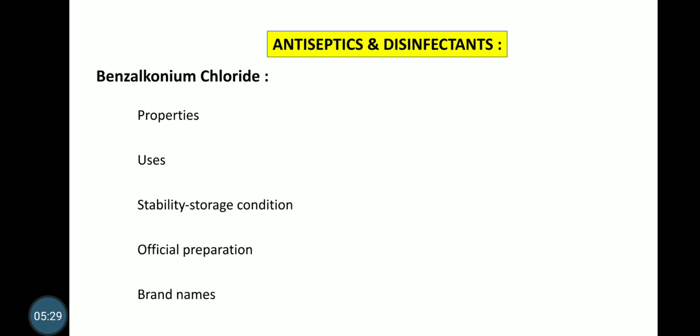It is also used for irrigation of the bladder, urethra and vagina. Stability and storage: it is decomposed by alkali hydroxides and also affected by light, hence stored in tightly closed light resistant containers. Brand names: Clearin, Ciplox, Ferginol H.